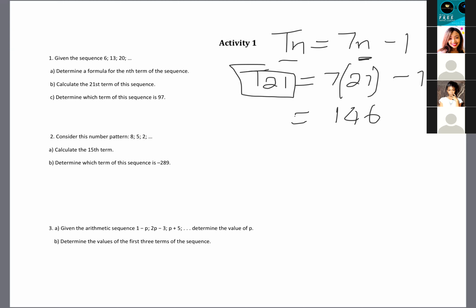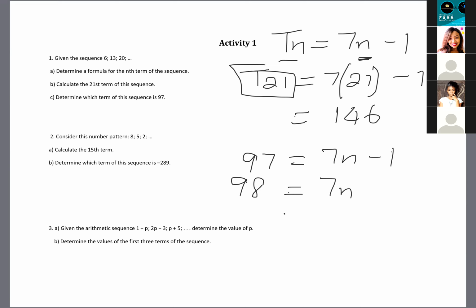Okay, ma'am. Yes. So now we're going to say that 97 is equal to 7n minus 1. And then you solve for n like you would in any algebraic equation. So you're going to bring the 1 this side, and you're going to say 98 is equal to 7n.